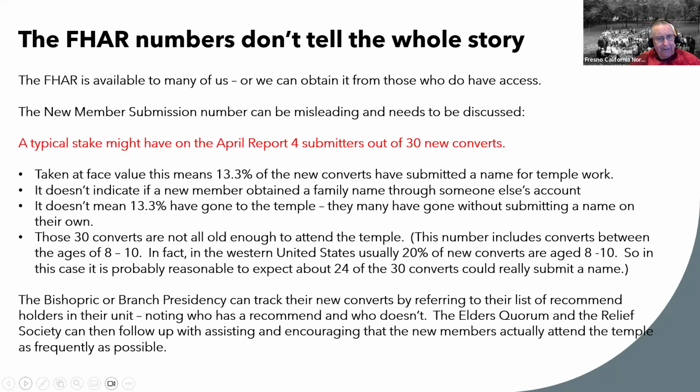Because what's happened in the past is we just haven't done anything. And the brethren in Salt Lake are asking us to please participate in this program to bless the lives of these new converts and some others too that we'll be mentioning.